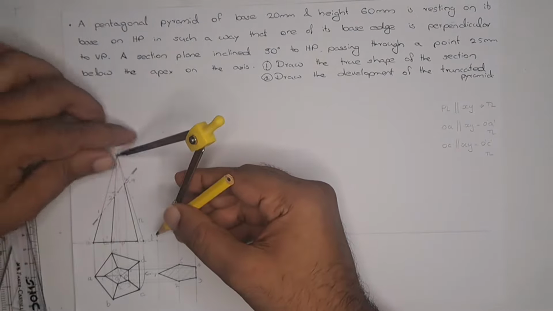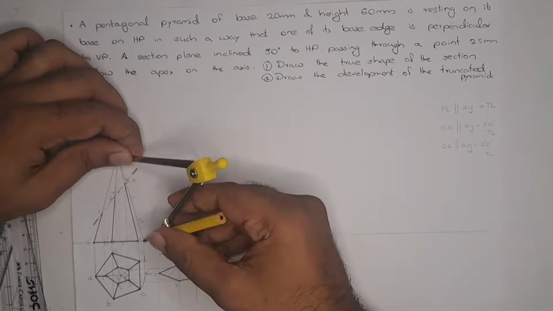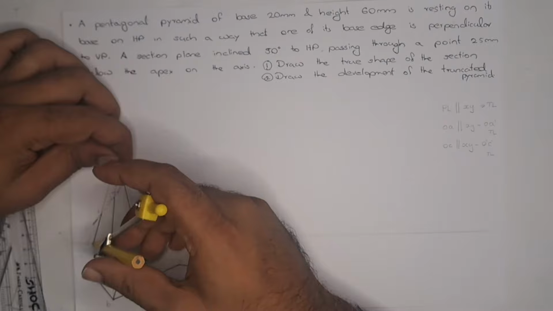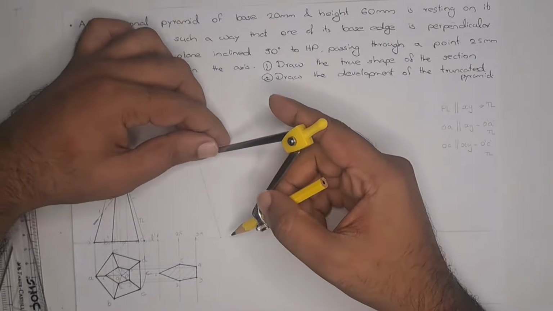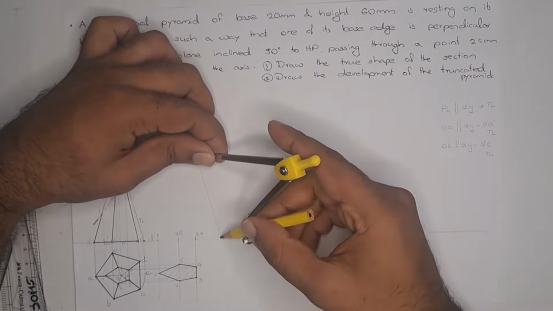This distance is equal to the new OC, the OA, everything is equal. Now we can draw an arc.